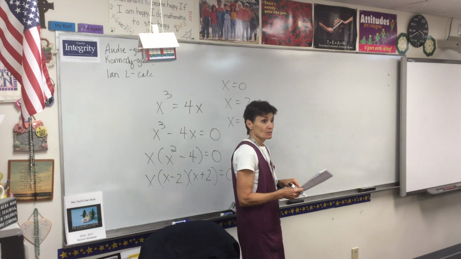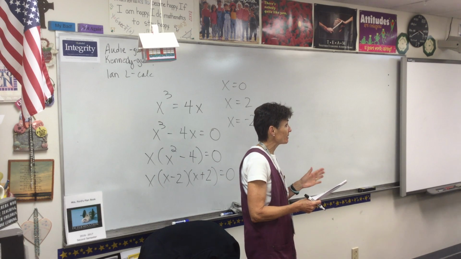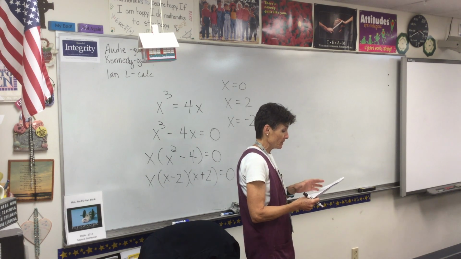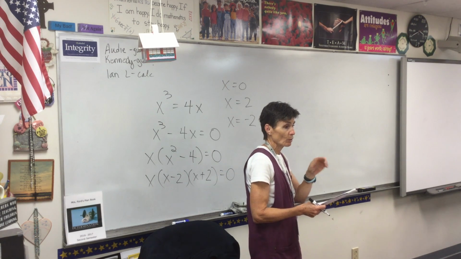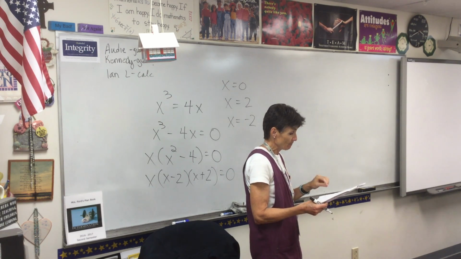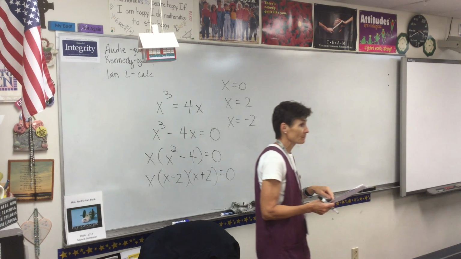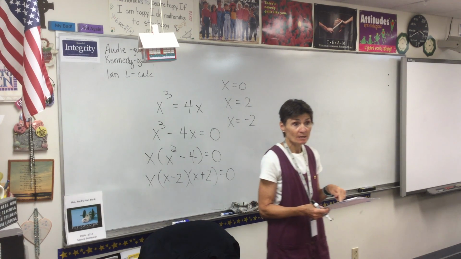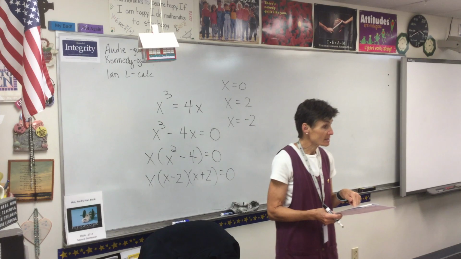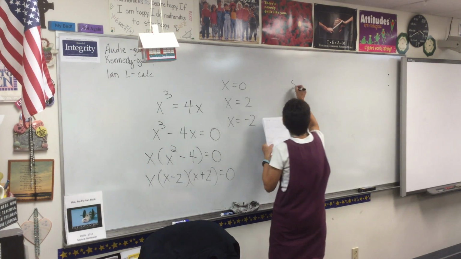Yesterday we did A, which was just adding. We collected like terms. B was a subtraction. We said it's easy. The only thing you have to worry about is distributing the negative. C was a FOIL. Remember that? The thing we have to remember there is that i squared is negative 1.